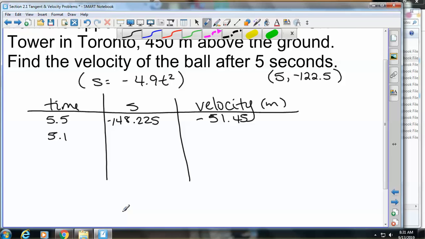If I plug a 5.1 in, I get negative 127.449.